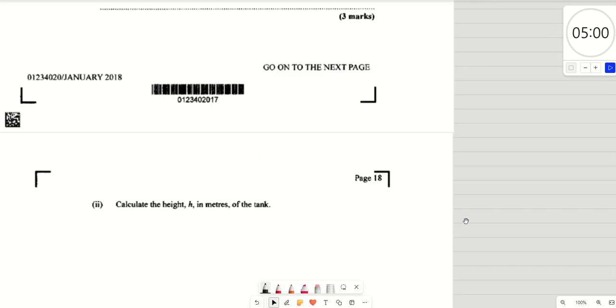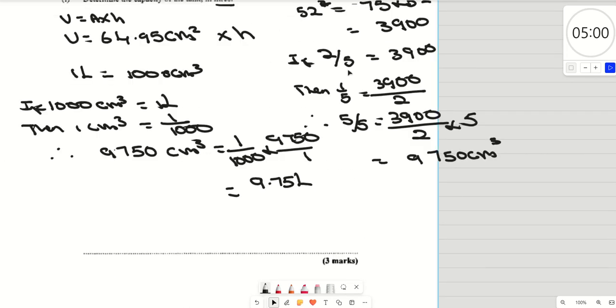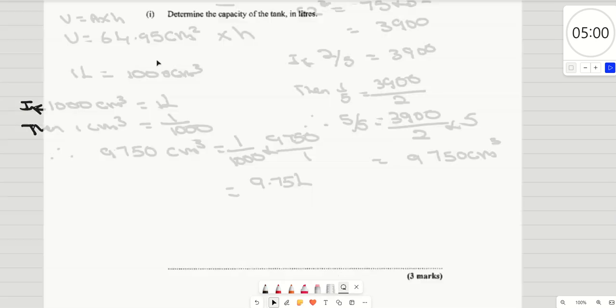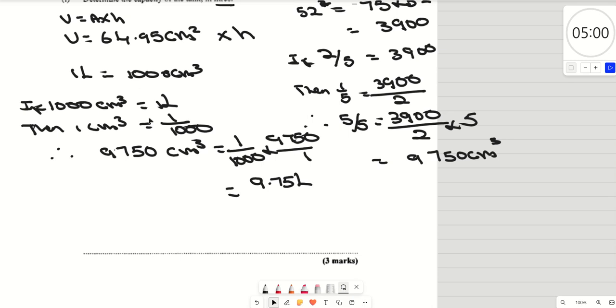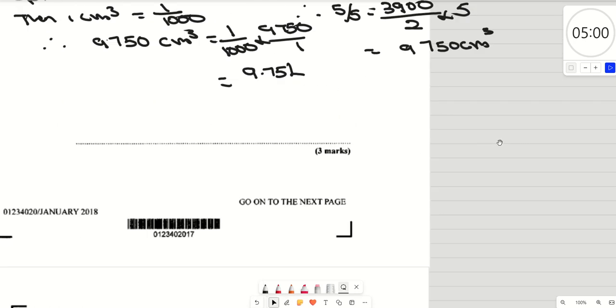Calculate the height in meters. So that is from this part of the question now. Let me just take that up. Right, so that's from this part of the question. Let's just write it down.